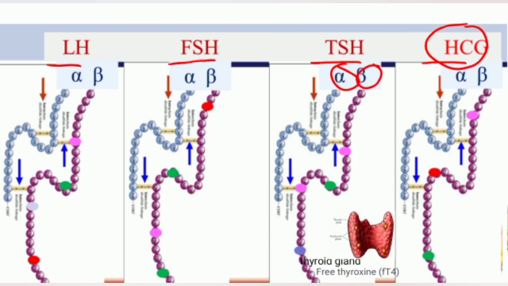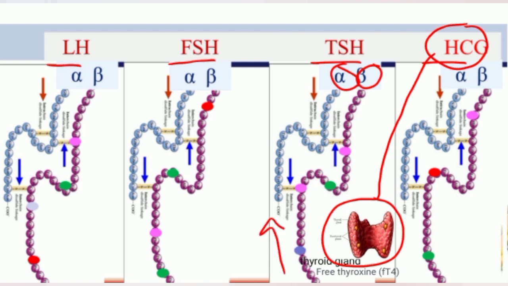The alpha chains are identical to each other, but the beta chains are unique and confer the biological specificity. For example, the human chorionic gonadotrophic hormone is released in the first trimester of pregnancy, and it acts on the thyroid gland like the thyroid stimulating hormone, and it increases the production of free thyroxine hormone.